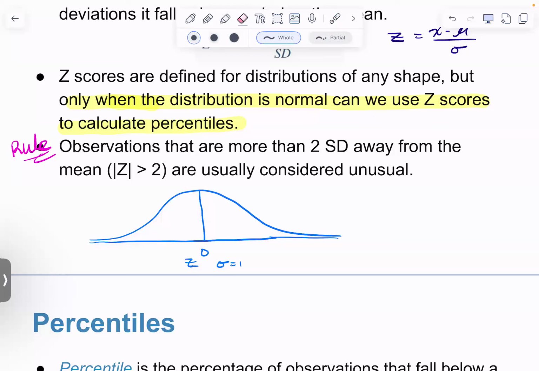Maybe I'll kind of highlight this way. Here Z equals 1. Here Z equals 2. And here Z equals 3. Here Z equals -1. Z equals -2. And Z equals -3.